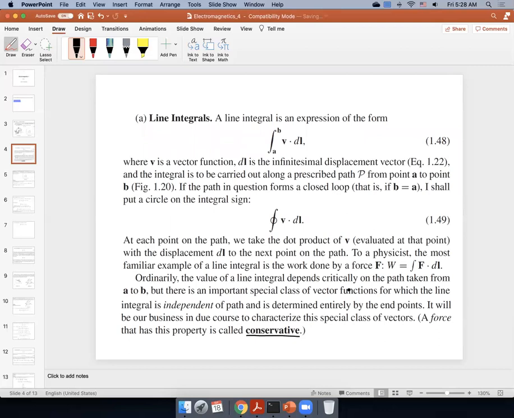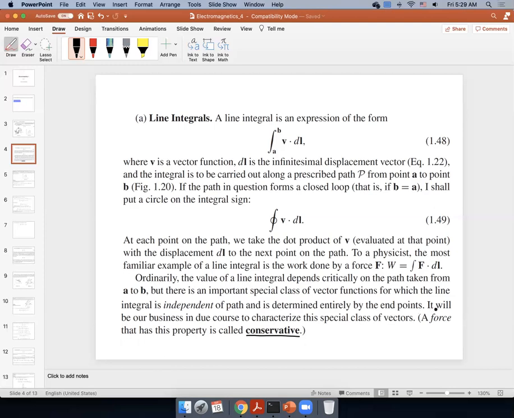Conservative function means, okay, let's read it again. If the value of a line integral depends on the path taken from A to B, that's normal, that's ordinary. However, in some special cases, for some vector functions, the line integral is independent of the path, and it only depends on A and B, the starting and ending points.